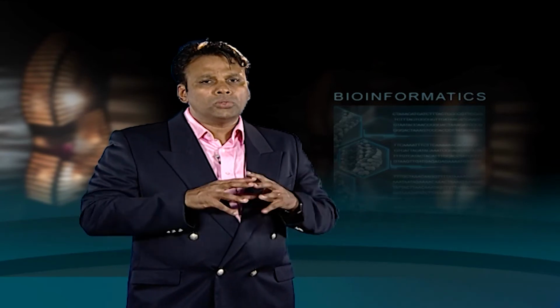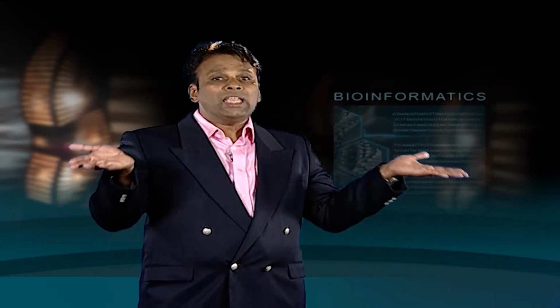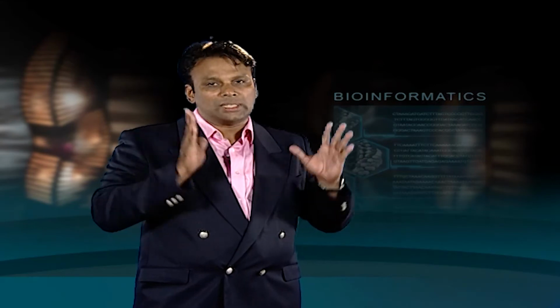Now, let us look into the fact of non-disjunction. Generally, during gametogenesis, the homologous chromosomes of each pair separate out, which is referred to as disjunction, and are equally distributed in the daughter cells.